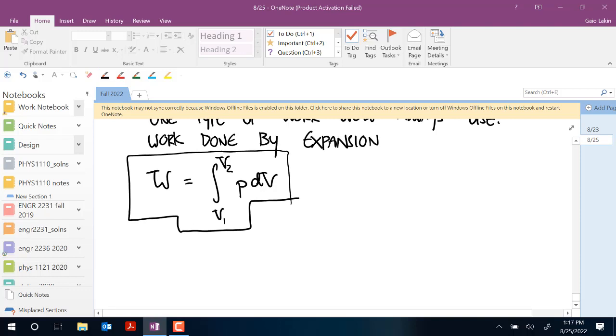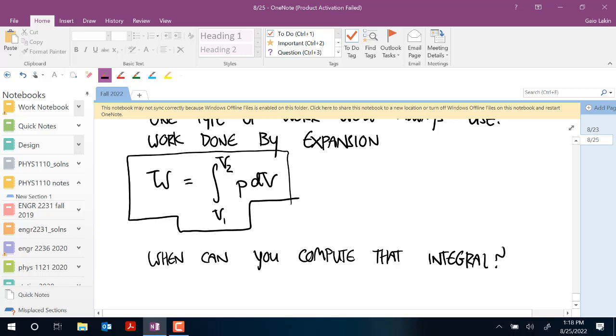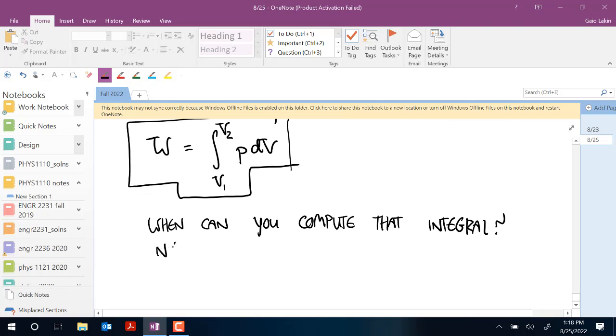When can you compute this integral? The easiest case is if the pressure is held constant. But what you need to be able to do it is you need the pressure to be known as a function of the volume. Okay.